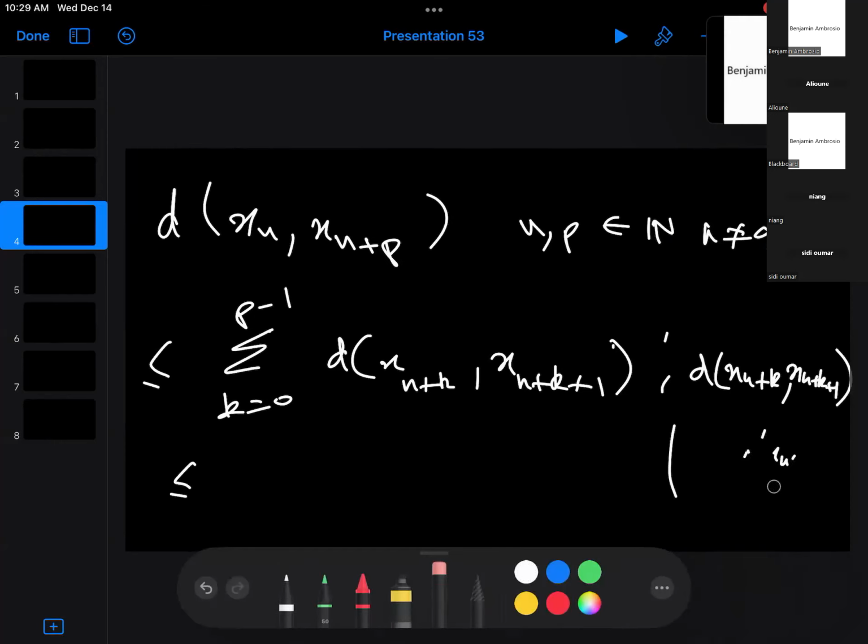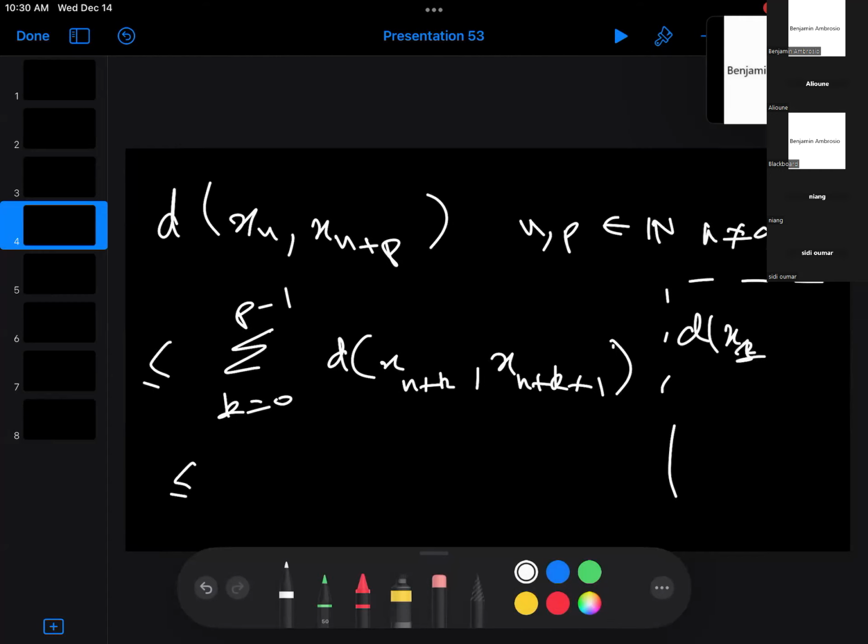You have that the distance between x_1 and x_2 is less than k d(x_0, x_1), because x_2 is s of x_1 and x_1 is s of x_0.